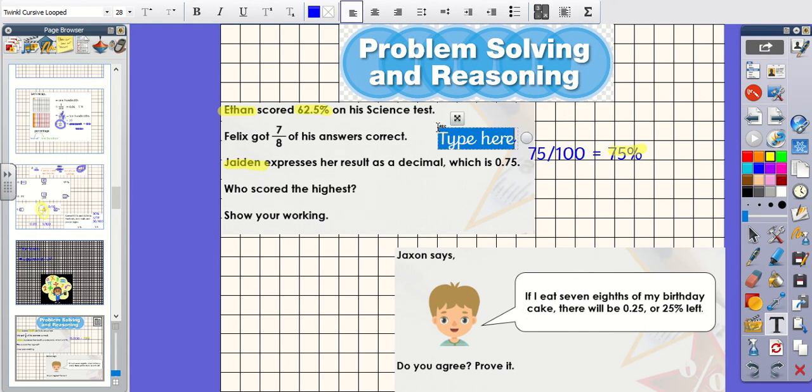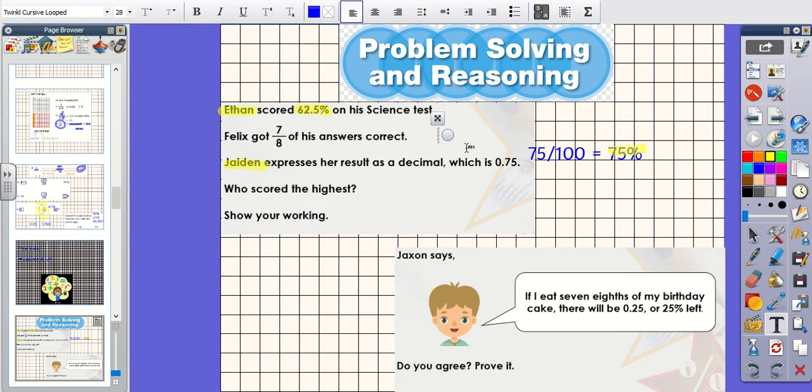Now we need to make that denominator 8 out of 100. So how can we do that? Before I do that, I'm going to use last week's lesson to help us. Last week we used short division to find the decimal.